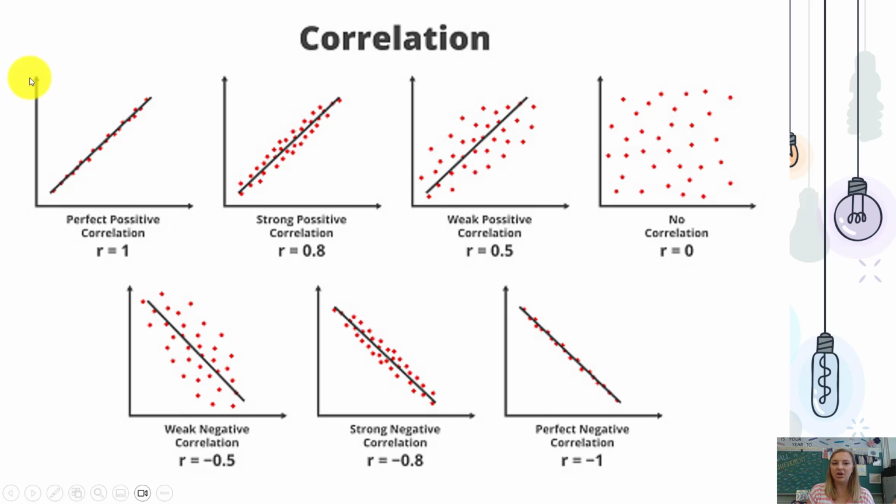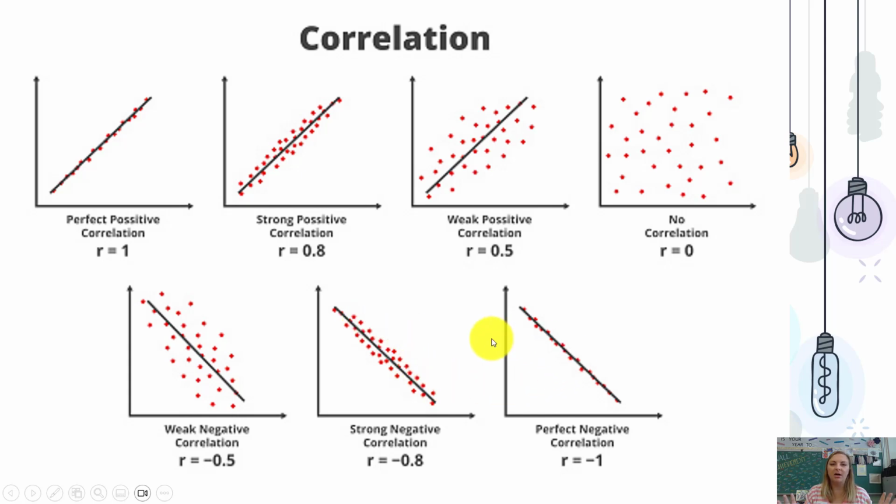You can see that there are different strengths from our scatter plot. A perfect positive correlation is going to be all right along a line of best fit. Same with our perfect negative correlation. Most of the time, that's not going to happen. Most of the time, our data is going to be dispersed a little bit along the line.